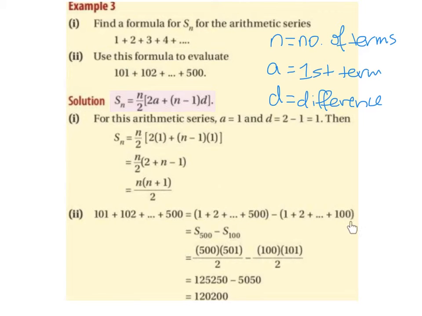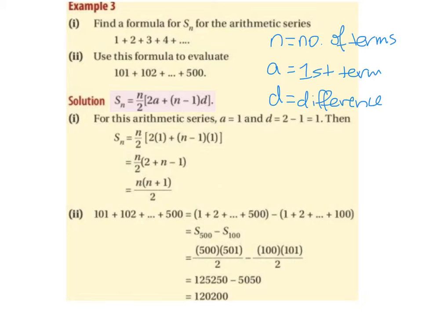So where did this 100 come from? Well, the actual sequence that we're interested in starts at 101 and is going up in ones as far as 500. So what we have inside our first set of brackets is going from 1 to 500. And what we have in our second set of brackets is going from 1 to 100.